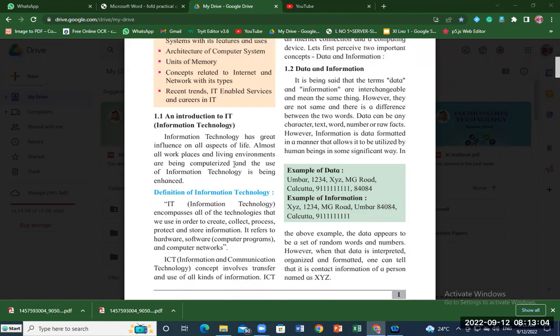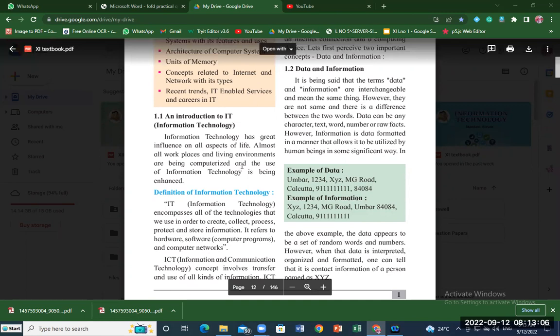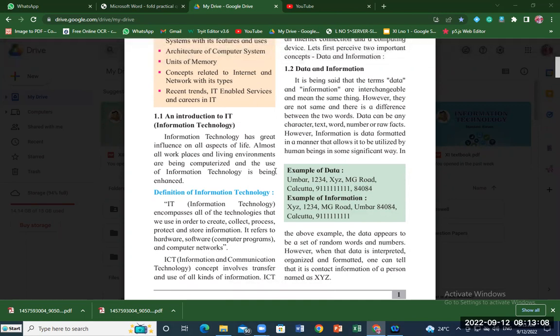Almost all workplaces and living environments are being computerized, and the use of information technology is being enhanced. So in every workplace or any environment, we are accustomed to being computerized, correct? If I say computerized, that doesn't mean I need a computer at home. Your mobile also comes in the digital world, correct?